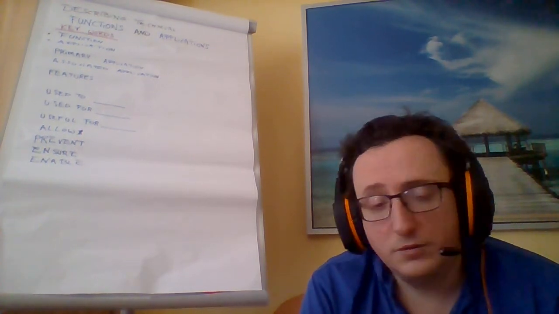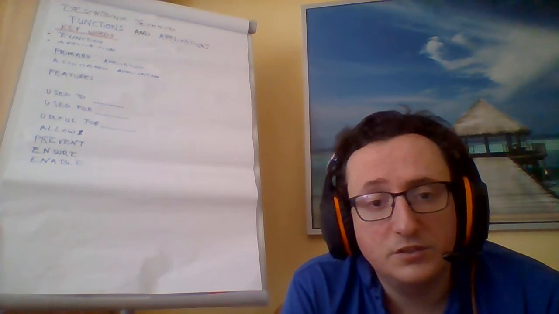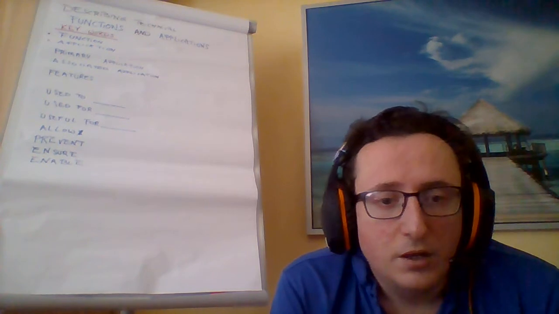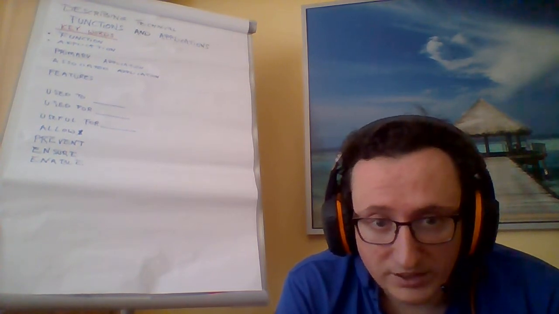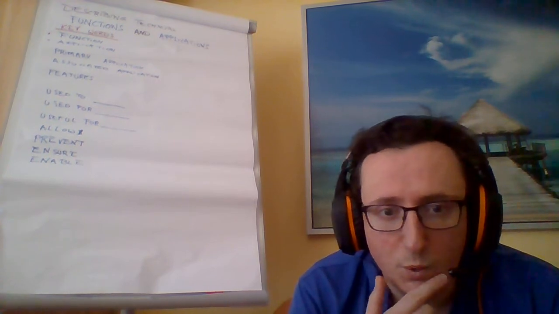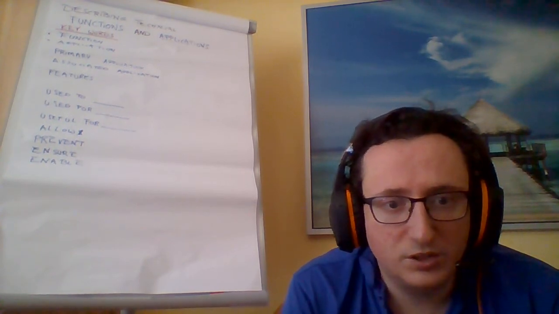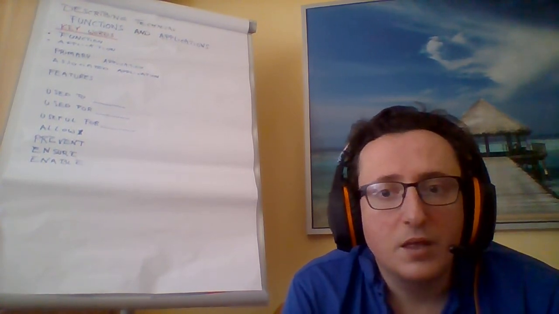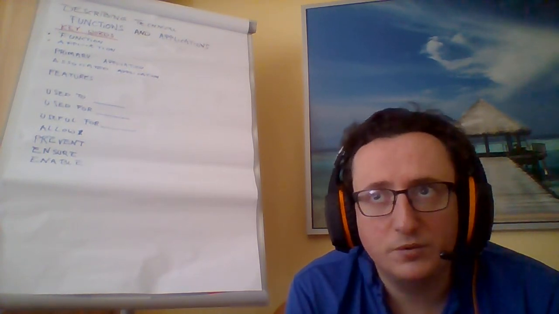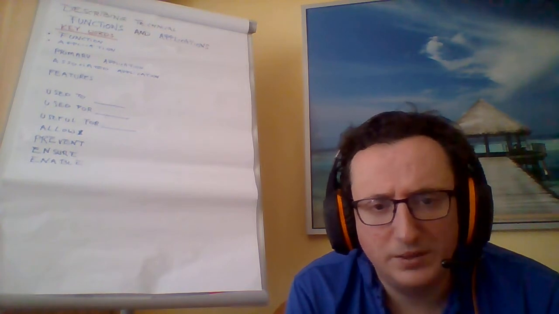And four more keywords for today in this video: allow, prevent, ensure, and enable. So the GPS allows us to find something. It allows us to locate something or someone, right? Allows us to do. It prevents from doing. Yes. Well, the GPS does not prevent us from doing something.